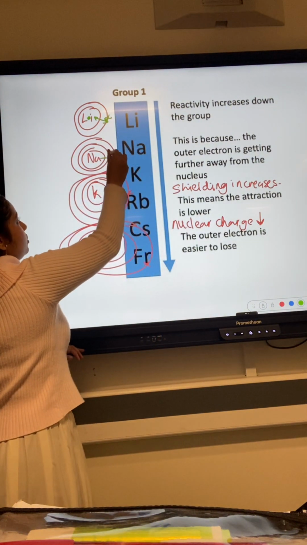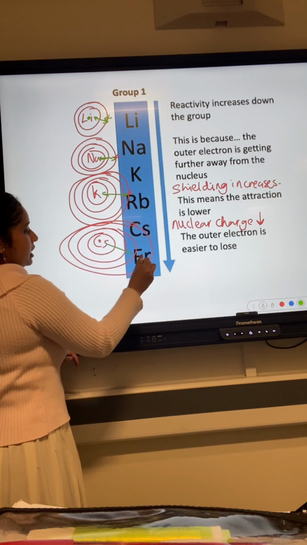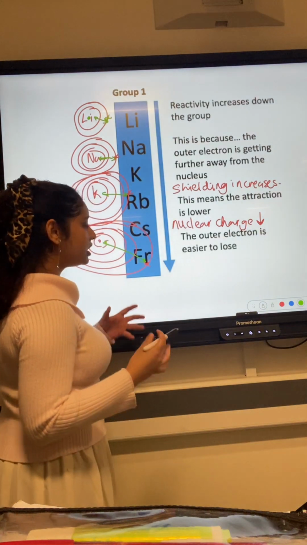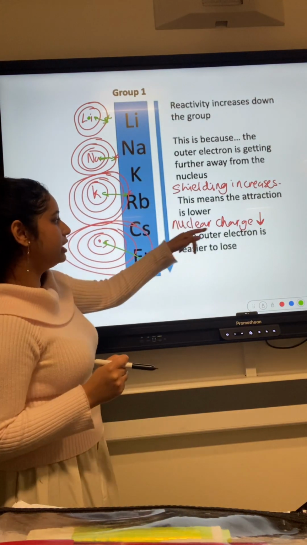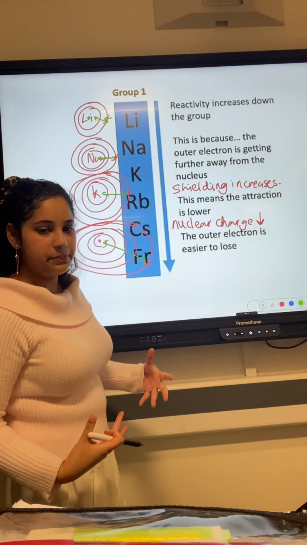But as you go down, that distance is increasing, okay? If that distance increases, there is less pull for the electrons in the outer shell, okay? So that's because nuclear charge is also decreasing, okay?